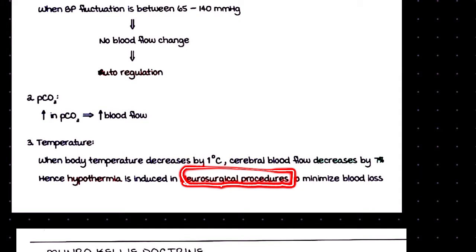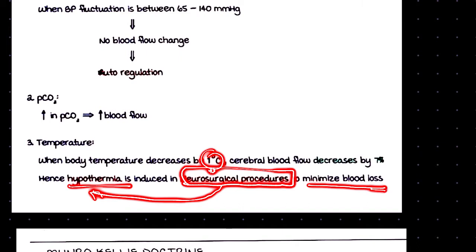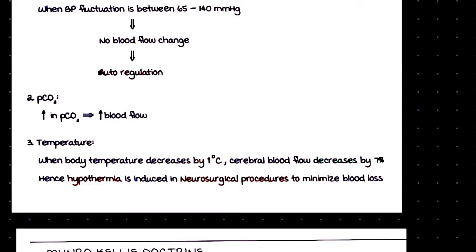That means while doing surgery, we can decrease temperature. Why do we need to decrease temperature? Because this will help in minimizing blood loss. By decreasing temperature, there will be a decrease in cerebral blood flow.